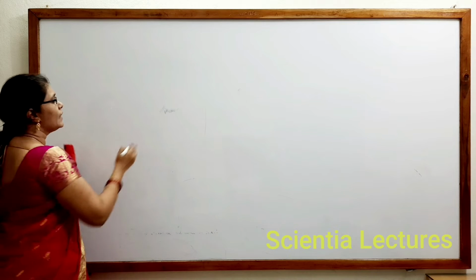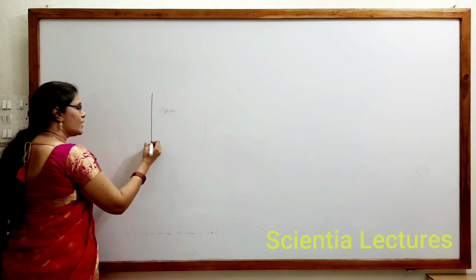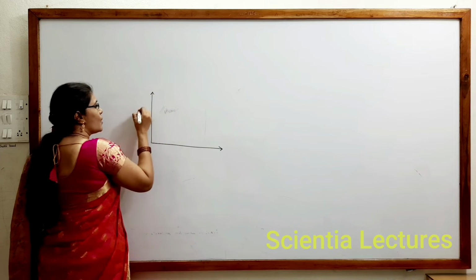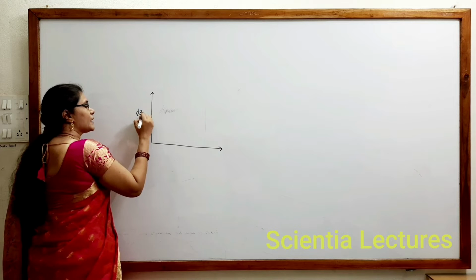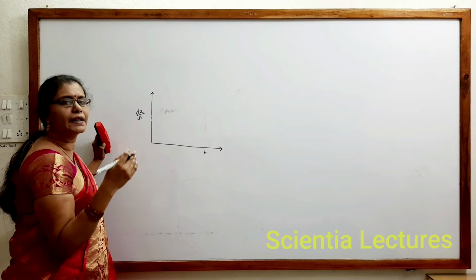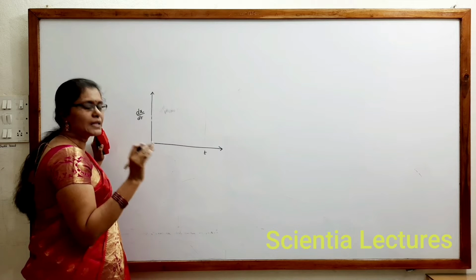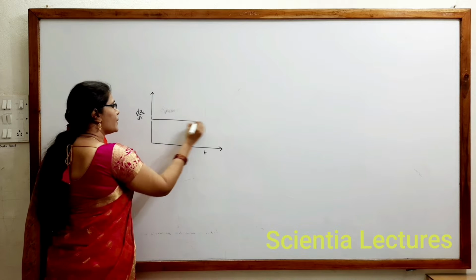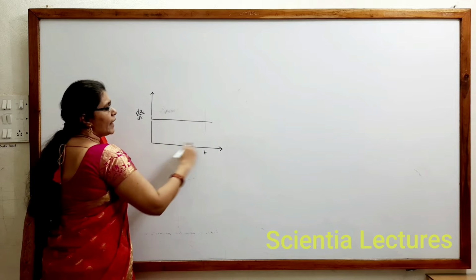Now, similarly, for a zero order reaction, there is another graph related to that. That is, what happens to dx by dt with time? With time, the change in concentration of the reactant would be negligible. In the sense, we can say that dx by dt does not vary with time. So it is parallel to the x-axis.